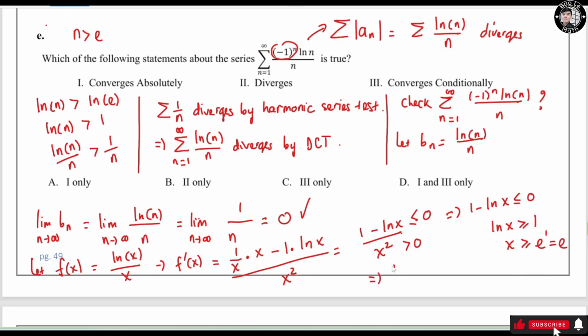So we can conclude that f of s is decreasing for s greater than or equal to e. It's the same thing as the sequence b sub n is decreasing. So the second condition is met, right?